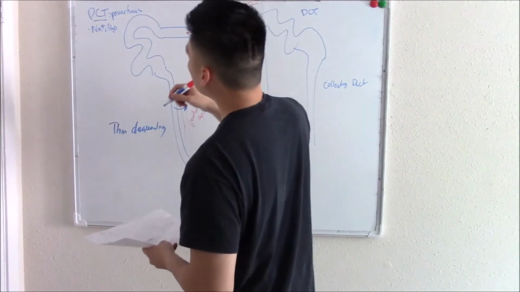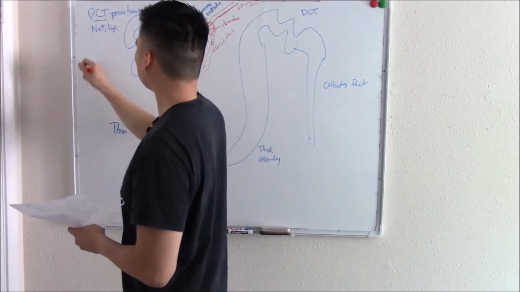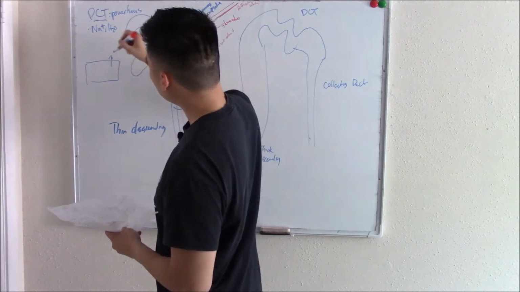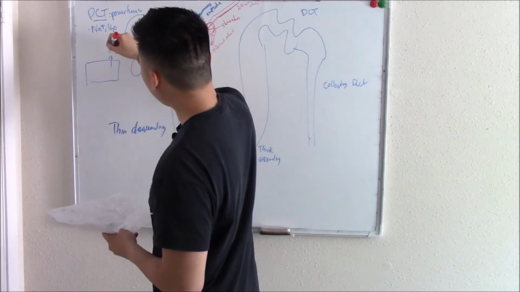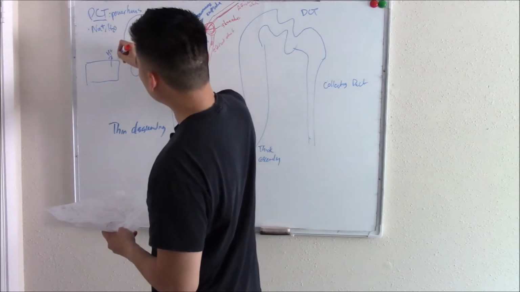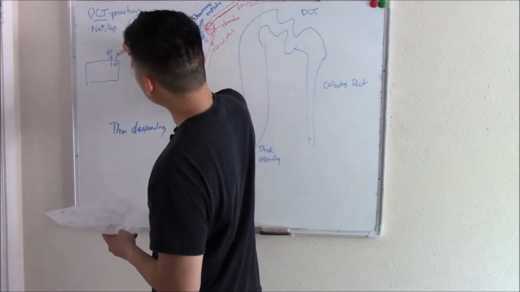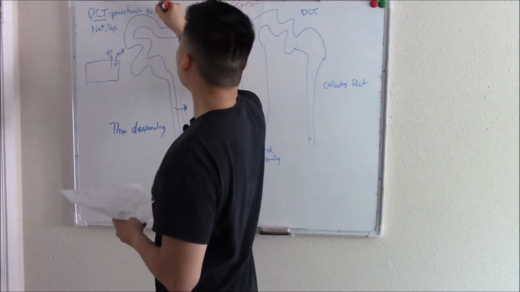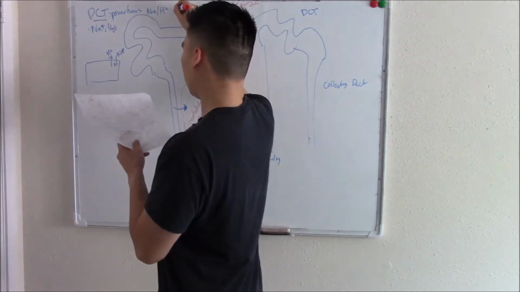How does it do that? Well, it has these special cells that will pump out hydrogen in exchange for sodium. Keeps things nice and balanced. Right? We call these NaH pumps.